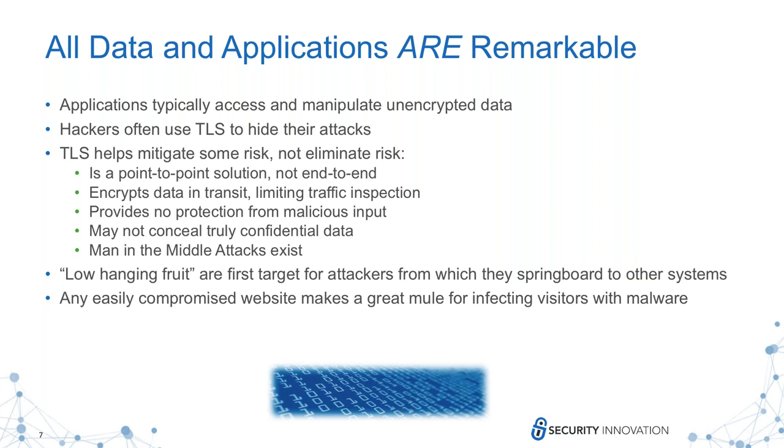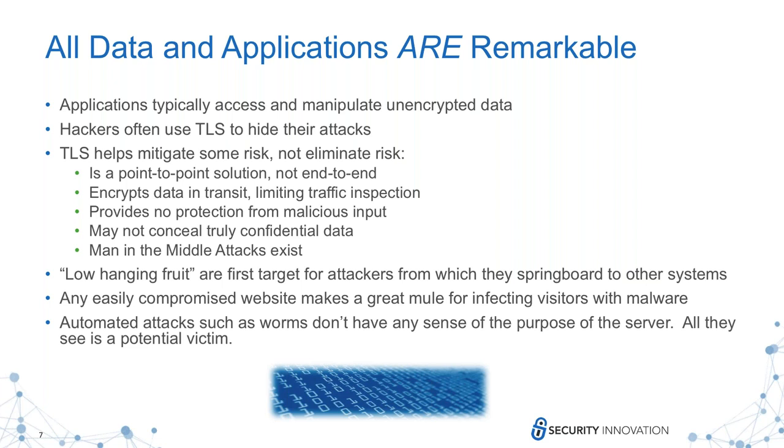A compromised application can do double duty to hide from legitimate Google searches or requests, but still serve malware to targeted victims. And typically, automated attacks such as worms don't really have any sense of purpose of the server. They just see a potential victim. Sometimes they move along and see, can it infect this machine or not, and then move along, maybe finding another list of hosts to infect along the way.